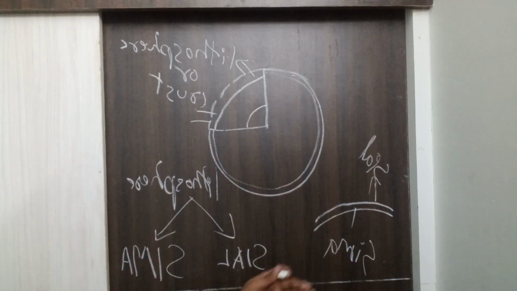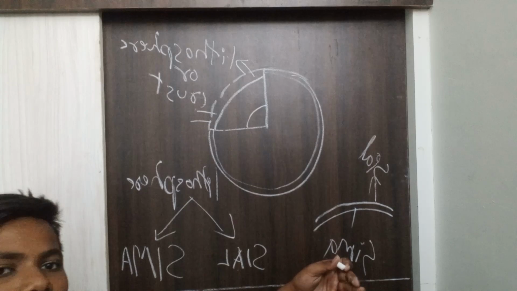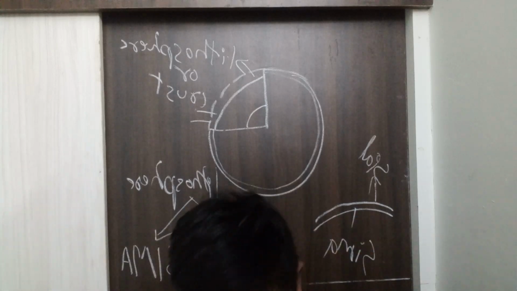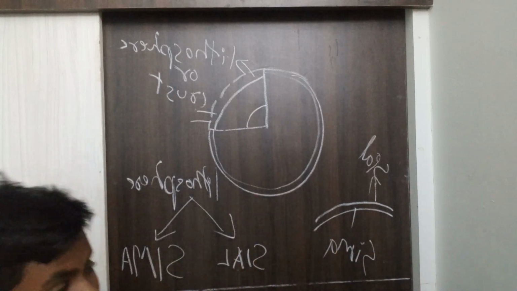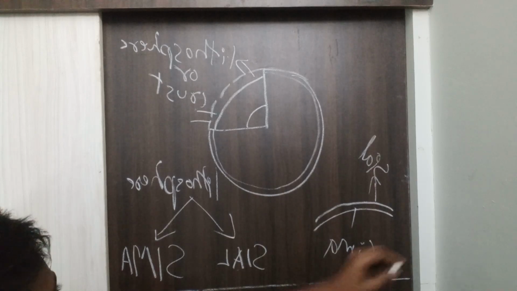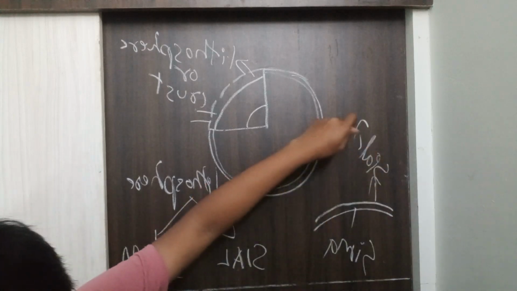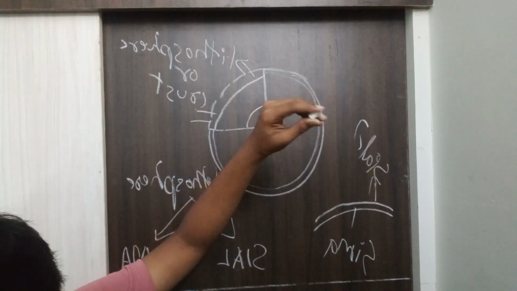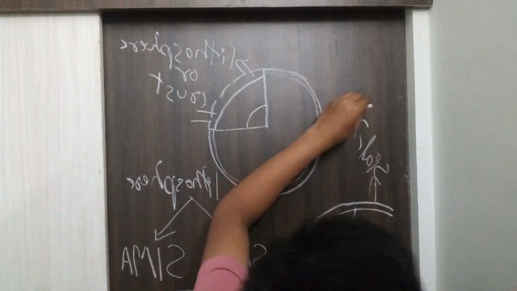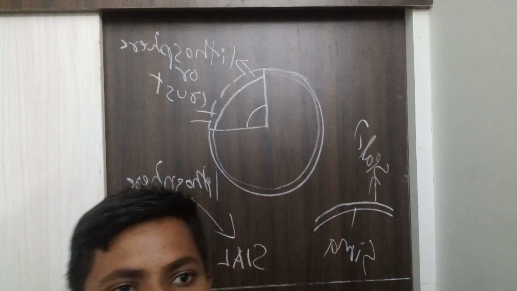Now, what are Sial and Sima? Let's talk about Sial first. The name Sial is taken from silica and aluminium.